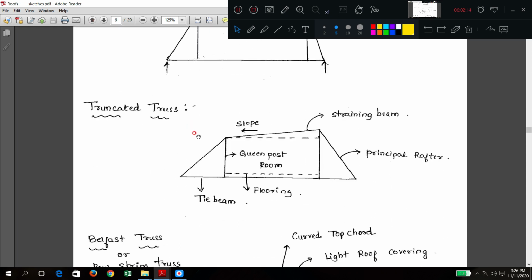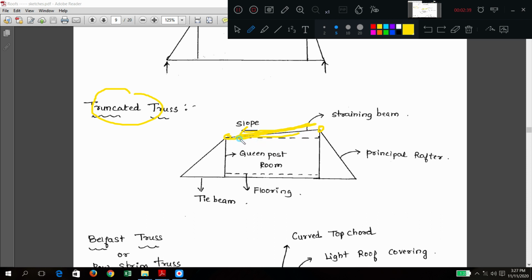Now next is the truncated truss. What do you mean by truncated? Here also a very gentle slope is provided at the top. See the arrangement: tie beam, queen post, but one chord is a little bit higher. The top surface is not flat.